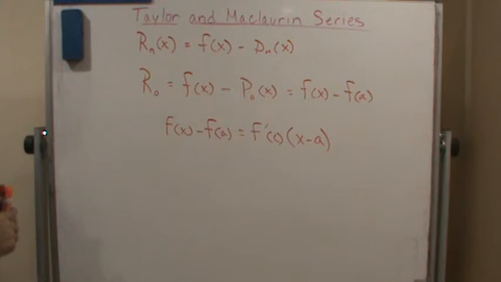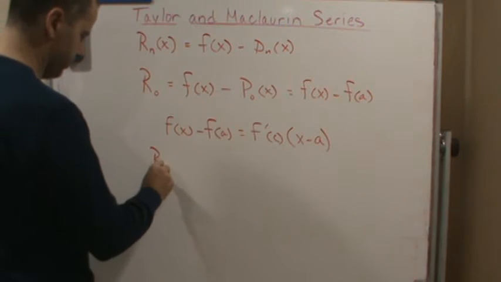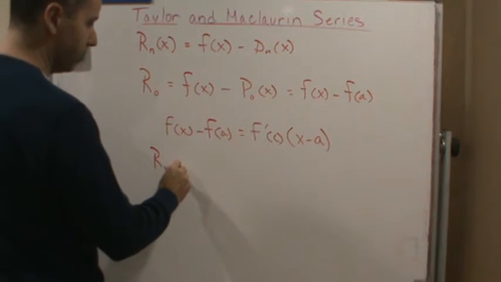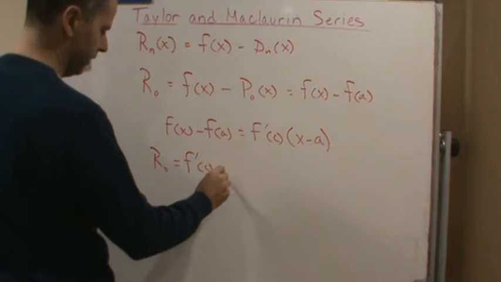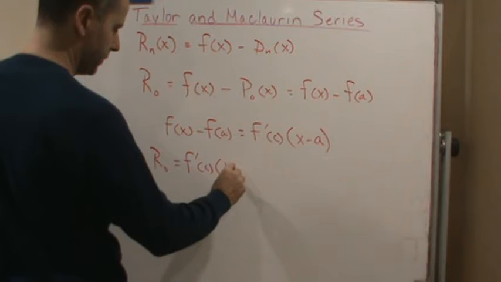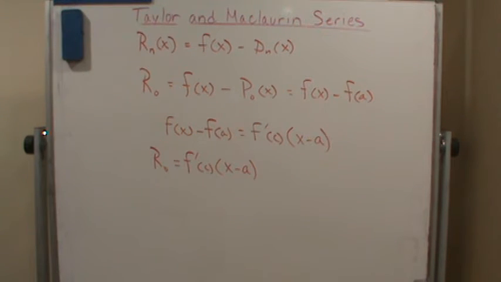Okay, so that's from the mean value theorem. So far so good. So therefore, we can say that r of 0 is equal to f prime of c times x minus a. Okay, so that's for r0.